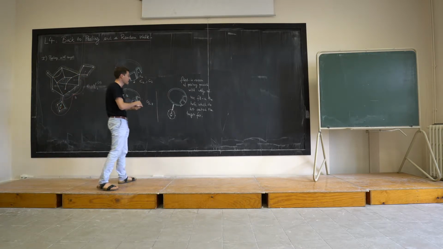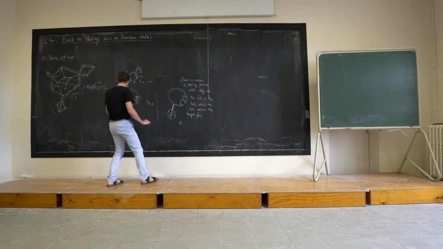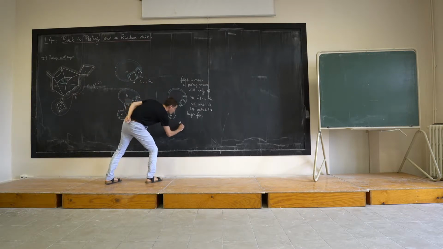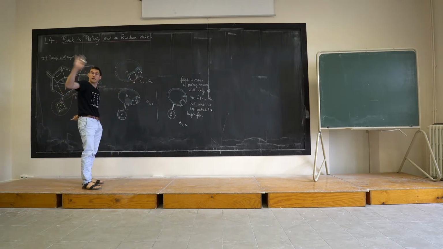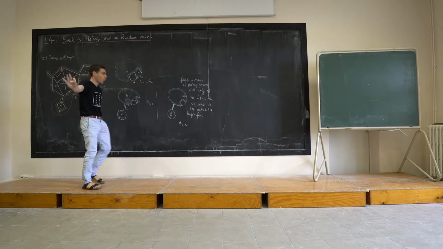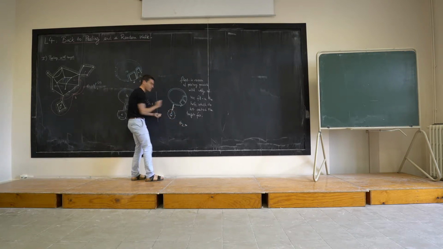And I will denote this event instead of G28, I will just denote this event G2 with a star, the star saying that that's the hole I want to concentrate on. So in this peeling step, I was peeling that edge.